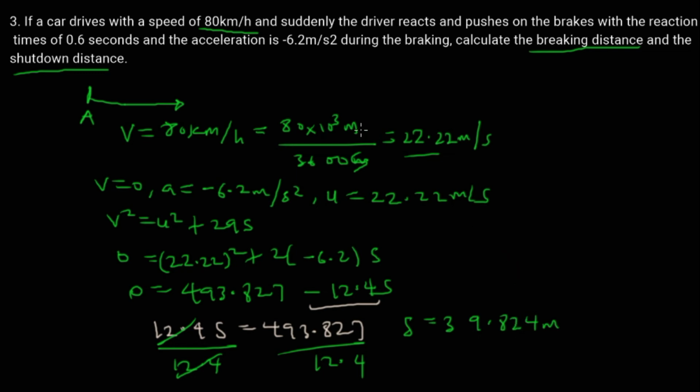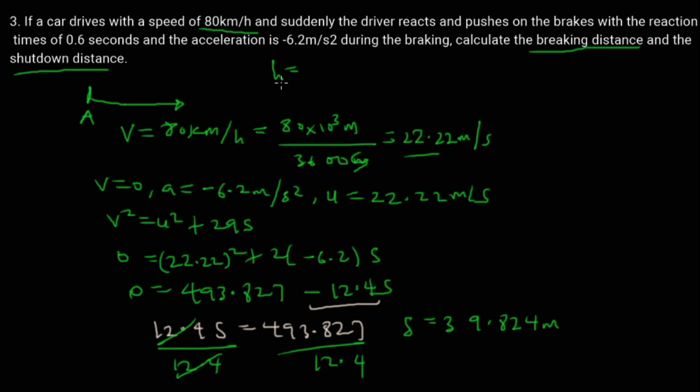Now, in order to find the shutdown distance, which is the sum of the braking distance s and the thinking distance, let's say the thinking distance is h, and the thinking distance is the distance during the reaction period. That is, after you see the policeman ahead, how long did you move before you applied the brake?